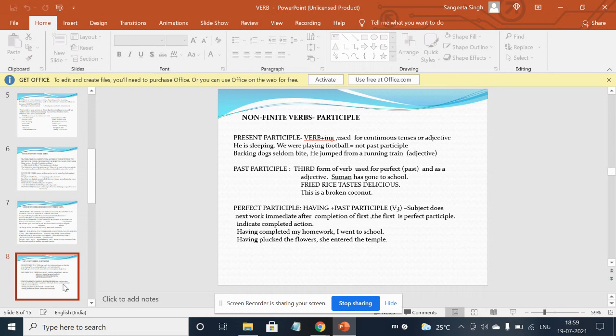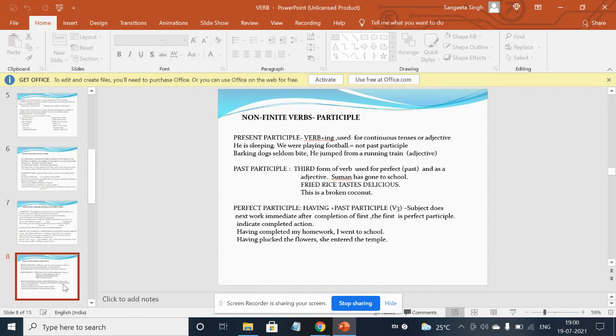Here, playing is not a past participle. It is always a present participle, because the third form of the verb, the past participle, is played. Barking dogs seldom bite. He jumped from a running train. Here, in running train, running acts like an adjective.